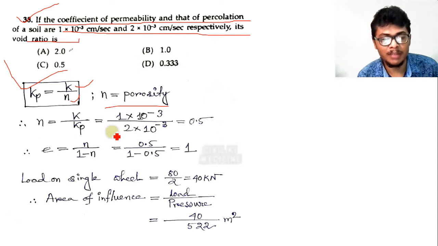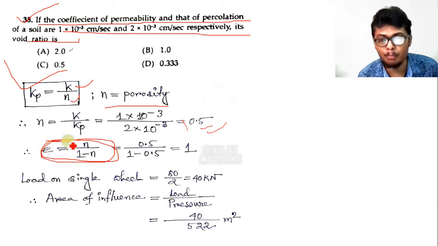Now put the values, n equals K by Kp, I will get 0.5. In the question it is asked to find the void ratio. Therefore void ratio e equals n by 1 minus n. This is the relation between void ratio and porosity. The answer will be 1. So my correct answer is B.